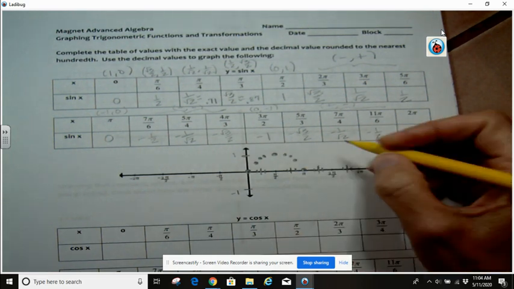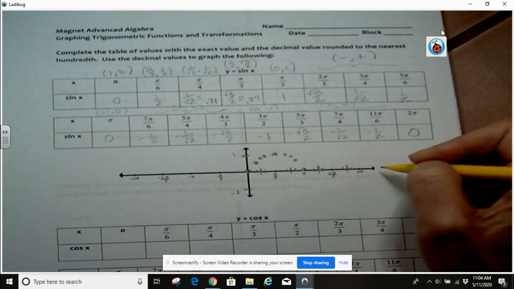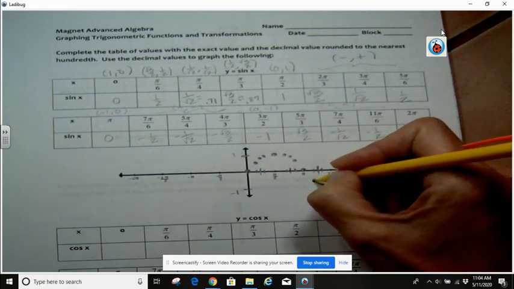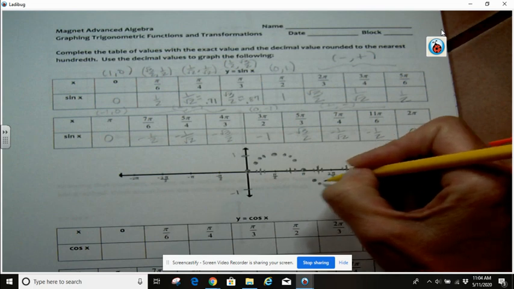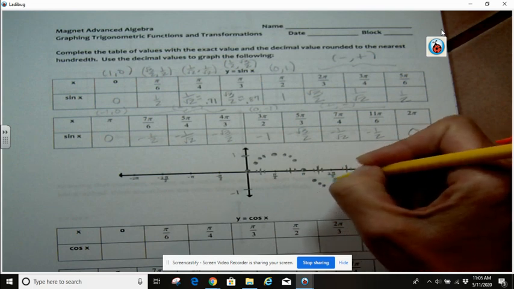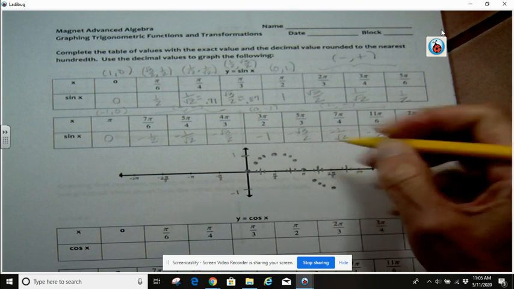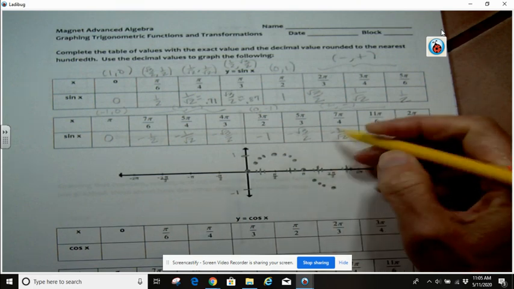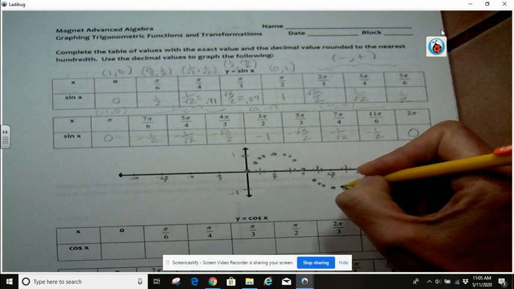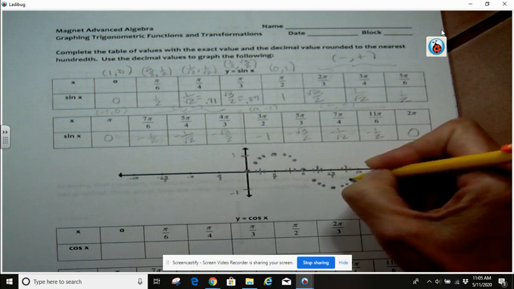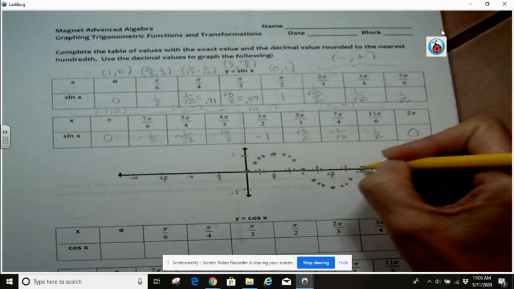We continue that, except now we're below the x-axis because now we have negatives: negative 1/2, negative 0.71, negative 0.87, and then 3 pi over 2 is negative 1. Then we head our way back up, negative 0.87, negative 0.71, negative 1/2, and then 2 pi was back to 0.